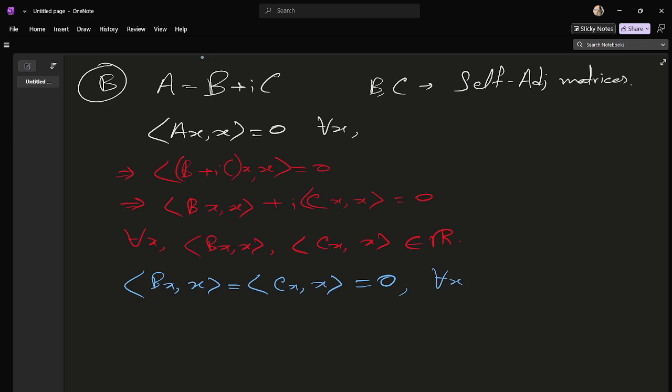Now we know by the spectral theorem in finite dimension that our B will be diagonalizable since B is normal.